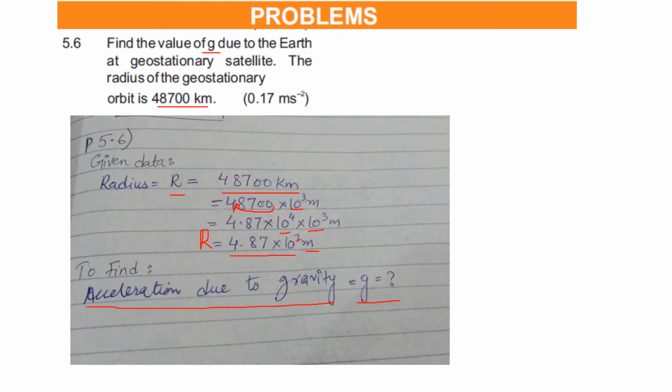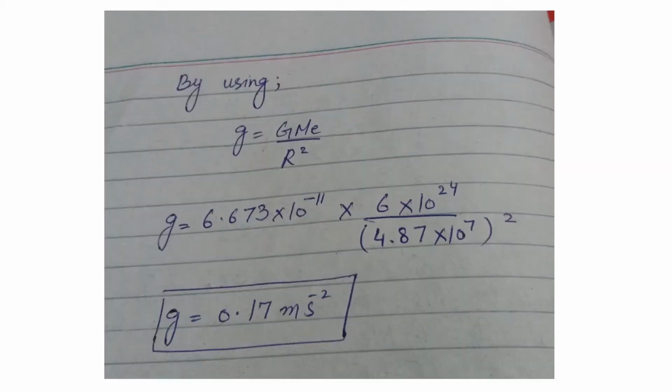And we have to find out the acceleration due to gravity, that is equal to g, and that is mentioned in the problem. As we know, the acceleration due to gravity is given by the formula g is equal to capital G Me by r square. G is a universal constant, so we have to memorize the value of G. Me is the mass of the earth. We also know the value of the mass of earth, and r is basically the radius that is given in the data.